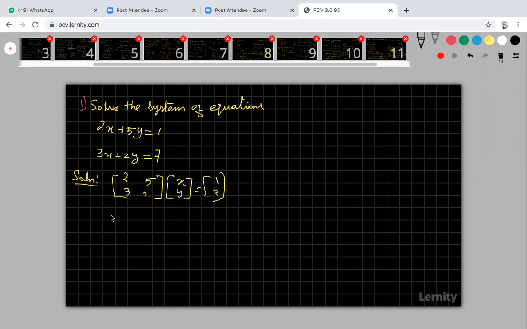Now this is your A, this is your X, the unknown matrix, and this is your B. So A is equal to 2, 5, 3, 2. X is the unknowns, x and y, and B is equal to 1, 7.